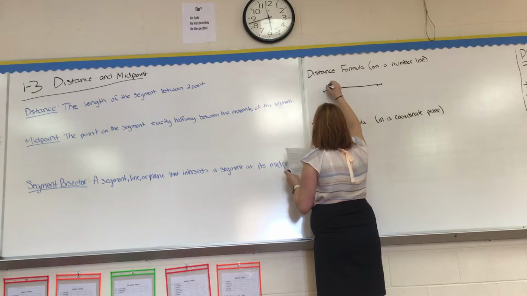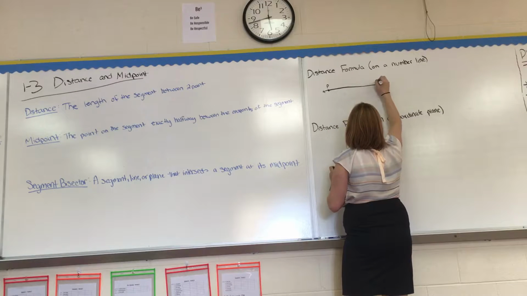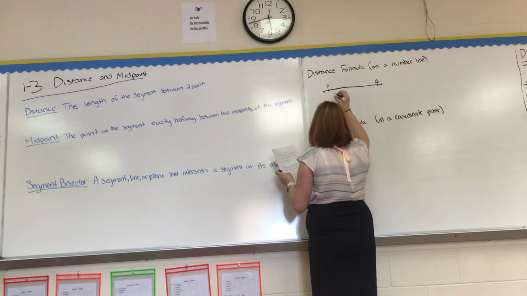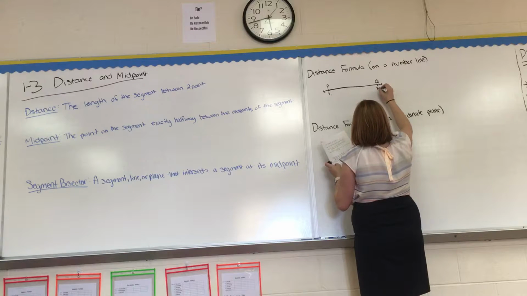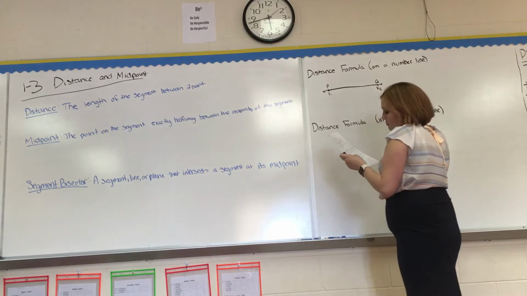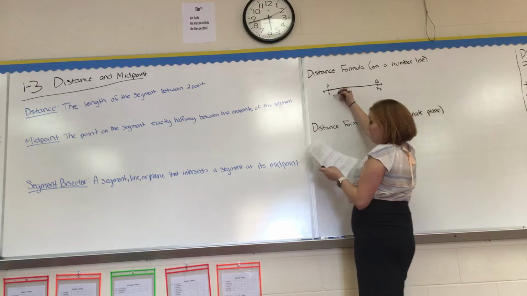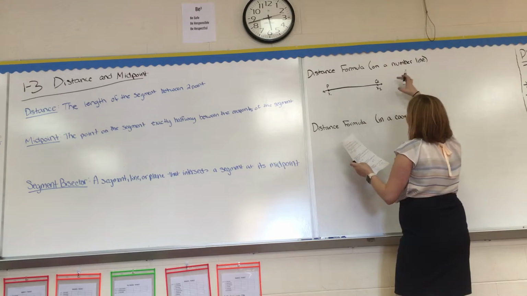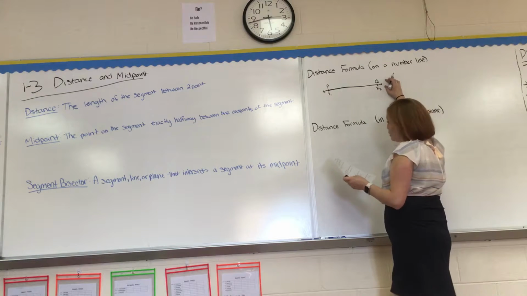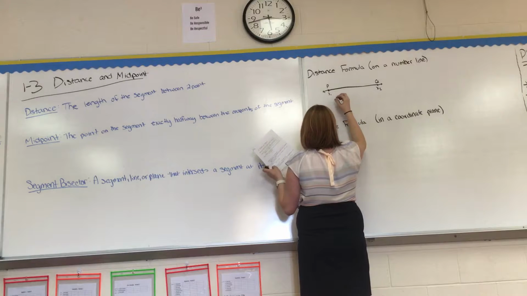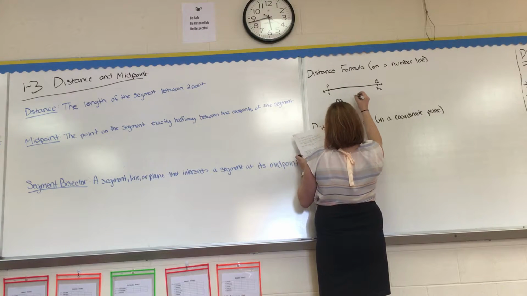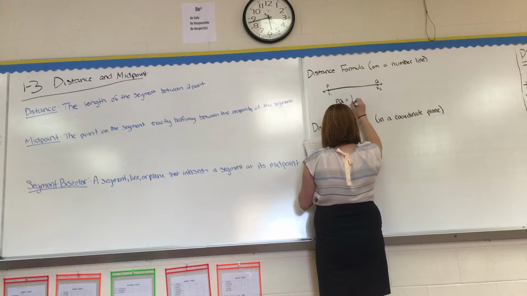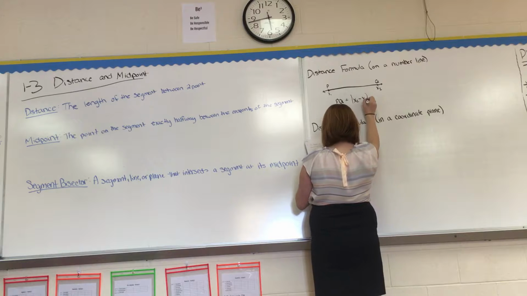We have point P and we have point Q. P is also x1, Q we can see as x2. If P has a coordinate x1 and Q has a coordinate x2, PQ, that's the whole thing, equals the absolute value of x2 minus x1.